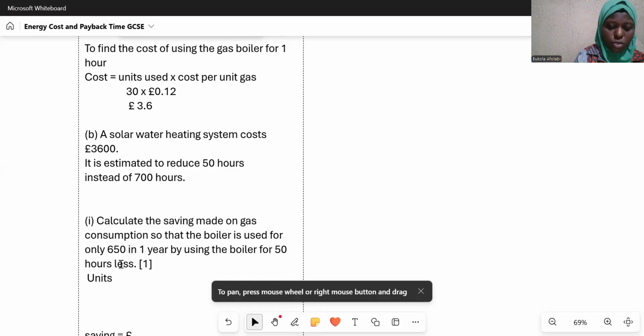Units used equals 30 multiplied by 650. Can you do that?